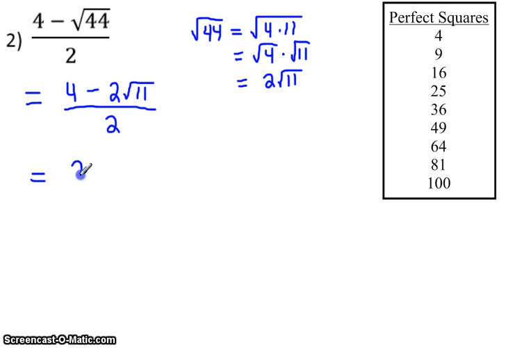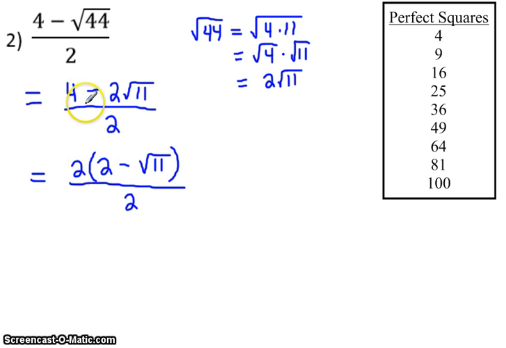So if I factor out a 2, that would leave me with, well, 2 times 2 gives me 4, minus 2 times what gives me 2 square roots of 11? It would be just a single square root of 11. So all I did was factor out a GCF on top of 2, and everything else stayed the same.